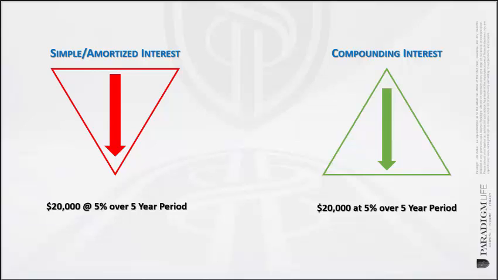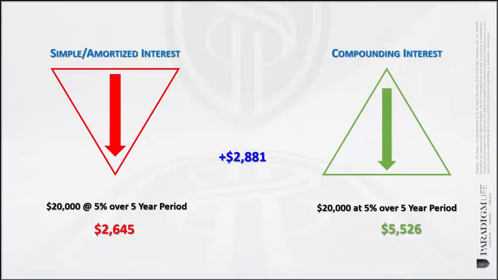Okay, so this $20,000 loan at 5% over a 5-year period is going to cost us $2,645, assuming we're making monthly payments back over this time frame. And if we were to have $20,000 sitting in an account earning 5% over a 5-year period, the growth on that $20,000 is actually $5,526. So we have a gain there.